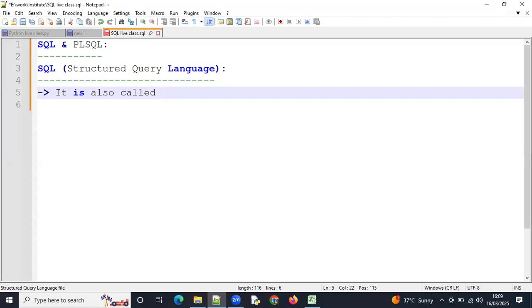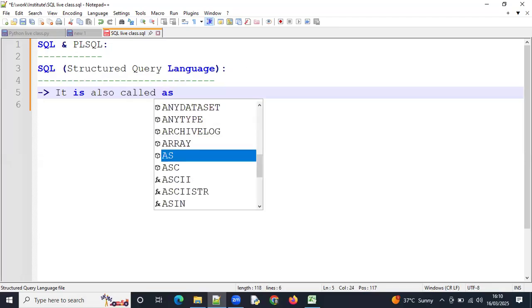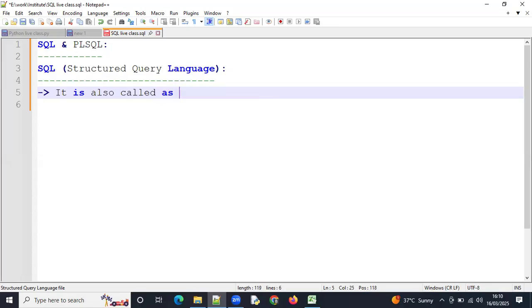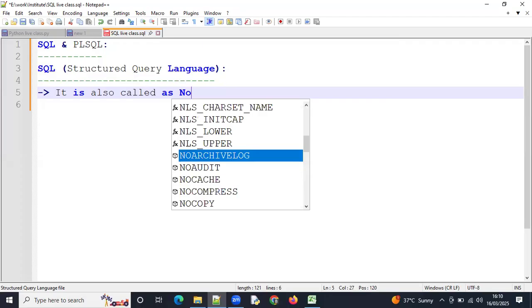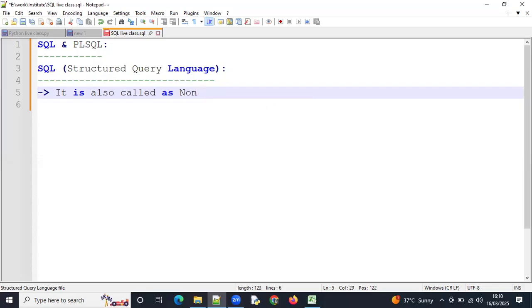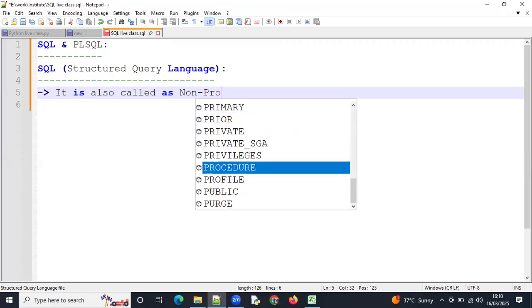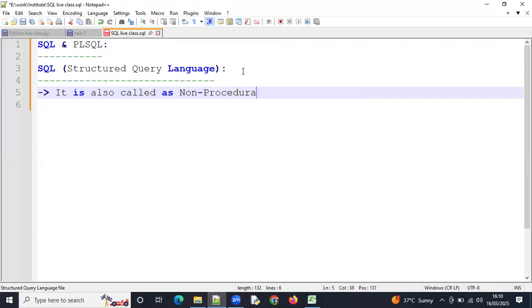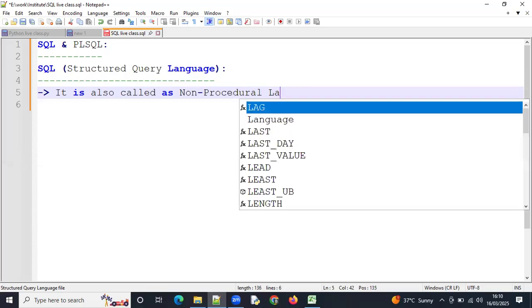There is no need to write running notes in our class, and I will send these notes to you. SQL is a non-procedural language.